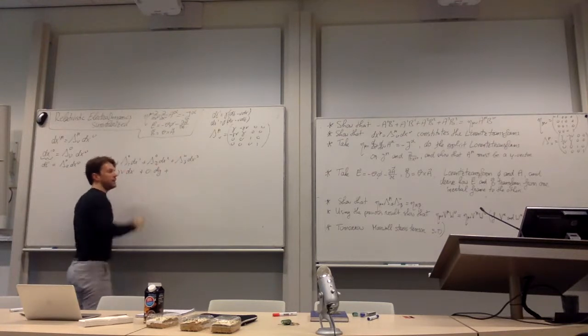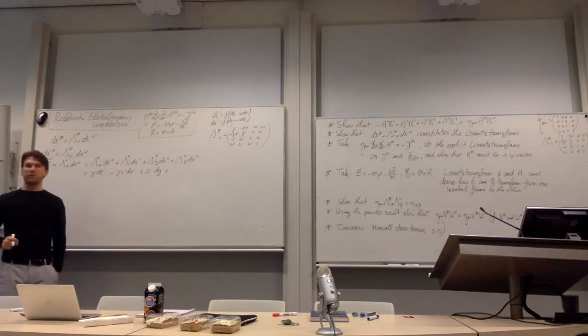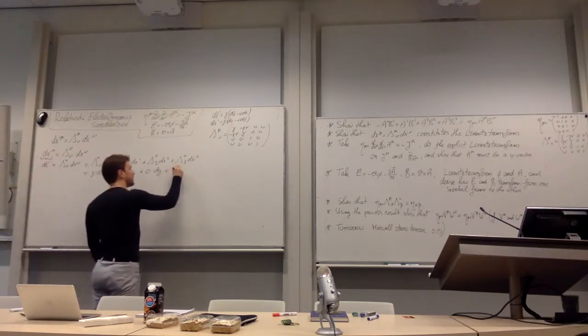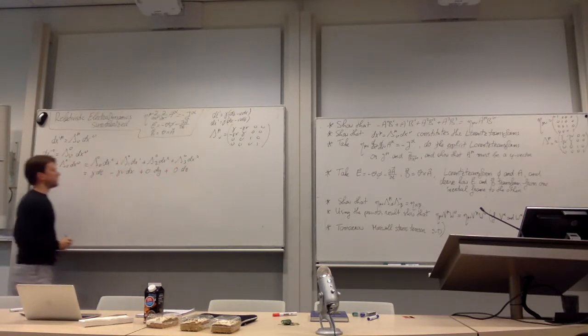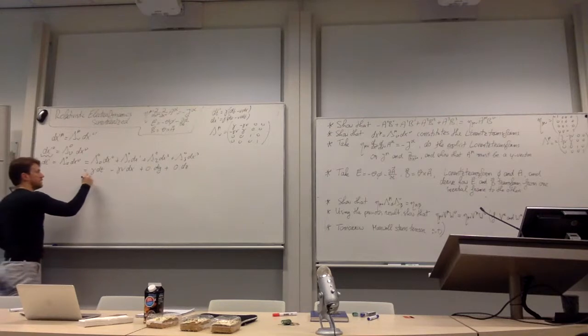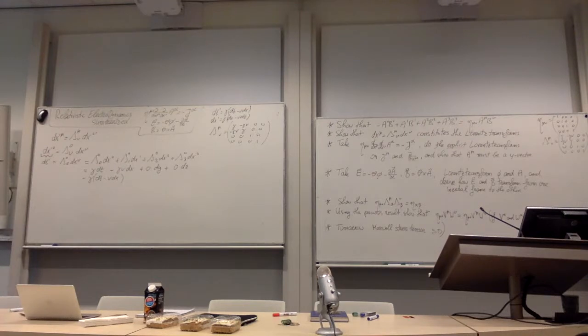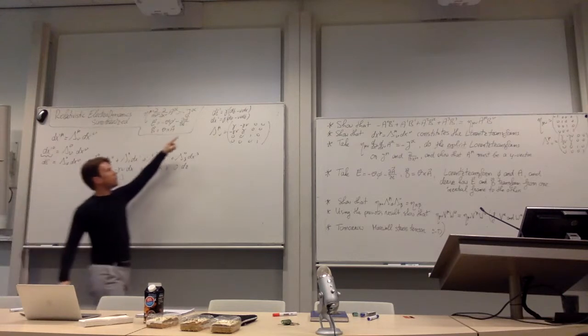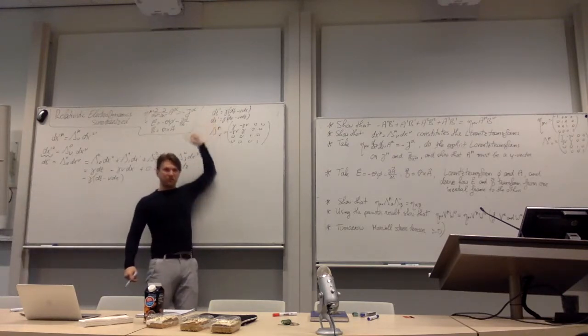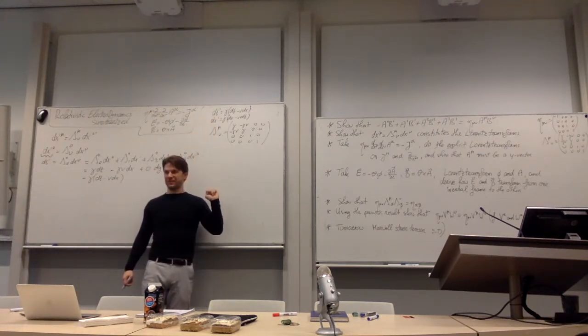And 0, 3, 0th row, third column is another 0. 0 times dz. And if you clean up a little bit, you get this, which is indeed the correct Lorentz transform. Alright? So we've checked that this indeed constitutes this Lorentz transform, but there's 3 more we have to do.